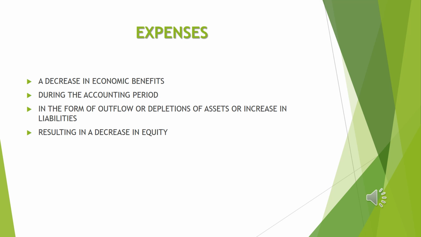Then they say, or increase in liability. If they say an increase in liability, they are referring to a situation where we have borrowed an amount of money, let's say a loan, and we are making installments as per the loan liability, but we are also being charged an interest. That interest we refer to as interest expense, simply because a liability is being increased.